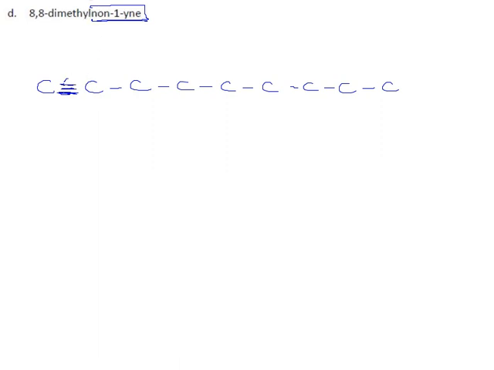Okay, so there's non-1-yne. Now, there are 2 methyl groups, and they're both on carbon number 8. 1, 2, 3, 4, 5, 6, 7, 8 is this one, and it's got 2 methyl groups on it. There we go.